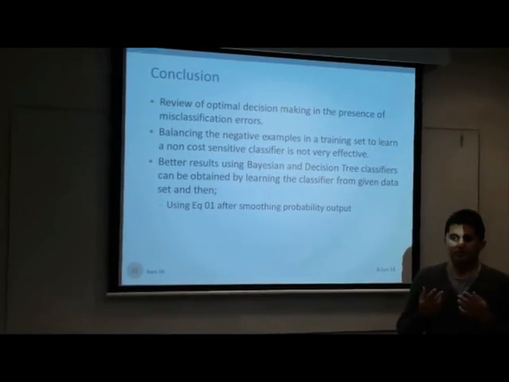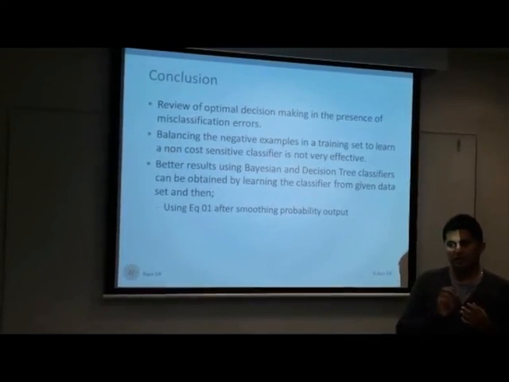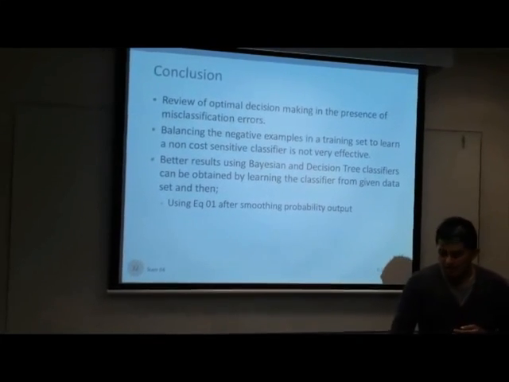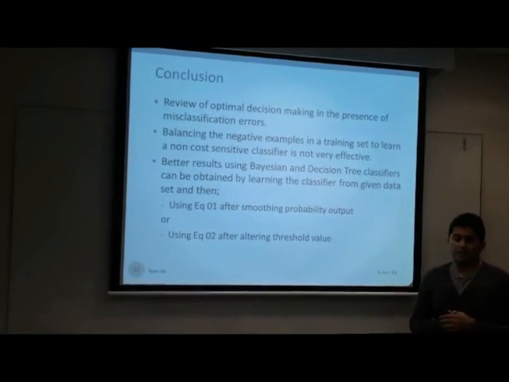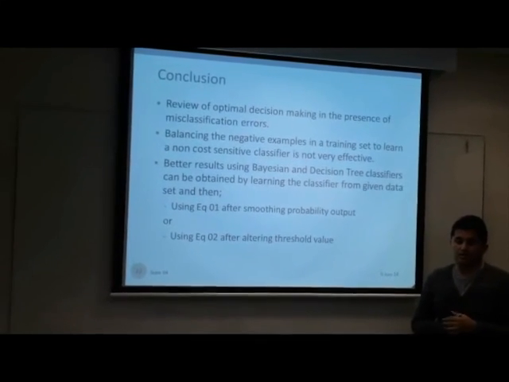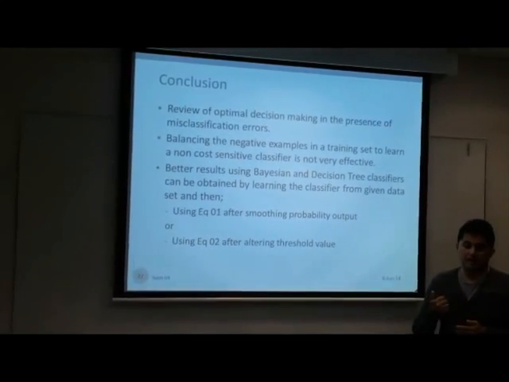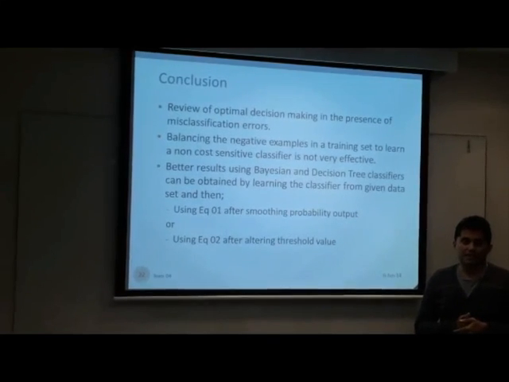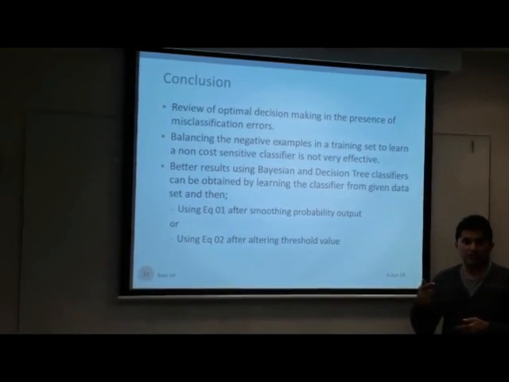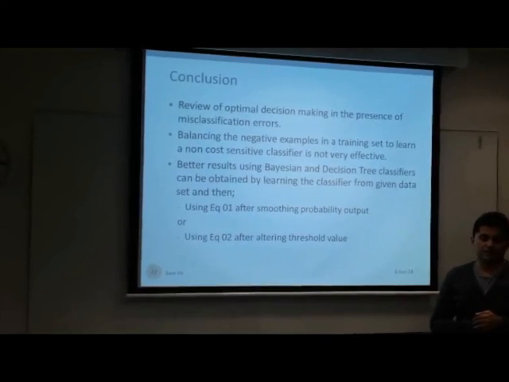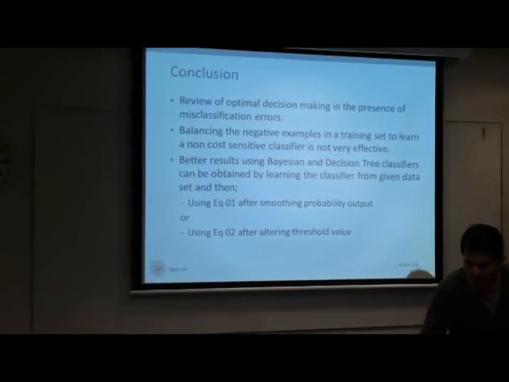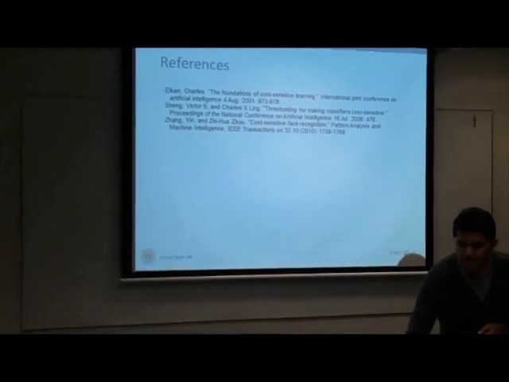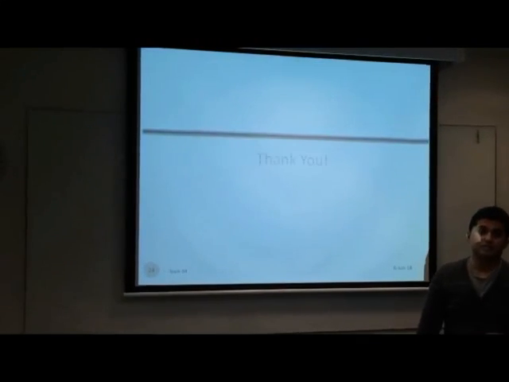Equation 1, if you remember, is the cost impact on the learning, and also equation 2, the one that we started this section with, uses a threshold probability and alters the threshold values of the classifier. So these are the recommended methods, and these are the references that we have, and that brings us to the end of the presentation.